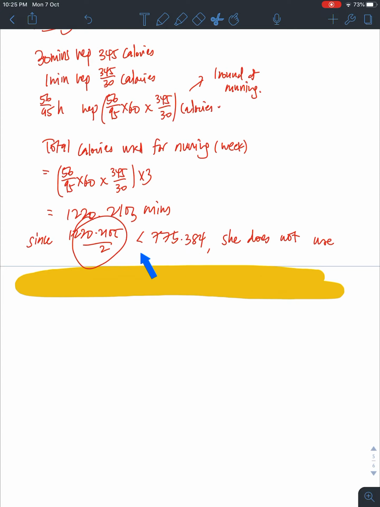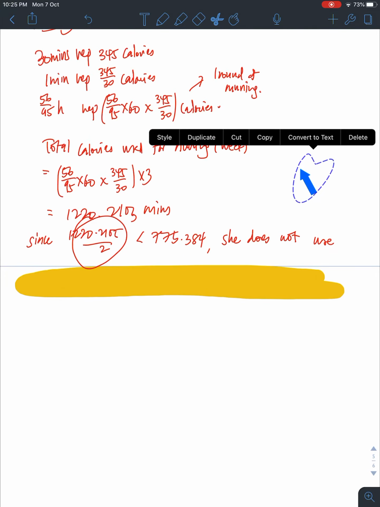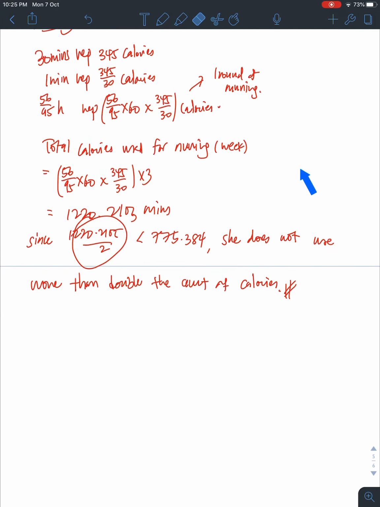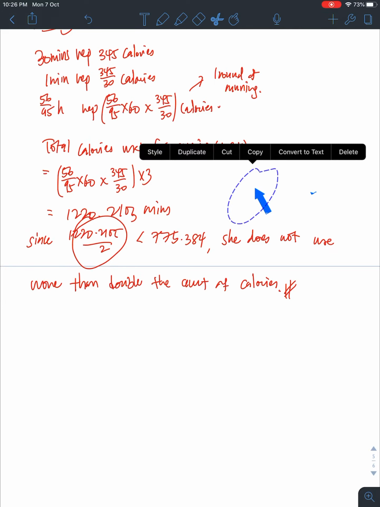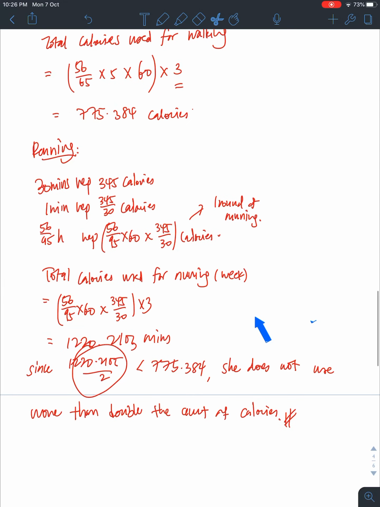So indeed, since this is lesser, she does not use more than double the amount of calories while running instead of walking. I hope that you've understood this question, and all the best for your revision.